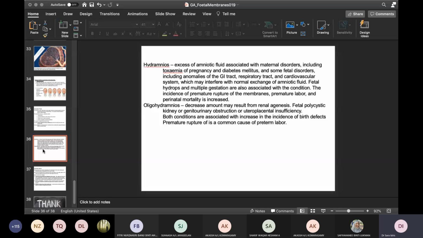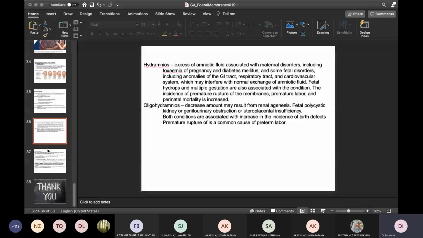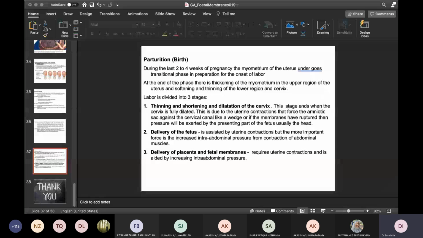So if the placenta is not enough to give blood to the baby, you can have oligohydramnios as well, because remember the amniotic fluid is derived from the maternal blood. Okay, so all of these conditions can also be detected during antenatal screening, which we'll be talking about later.